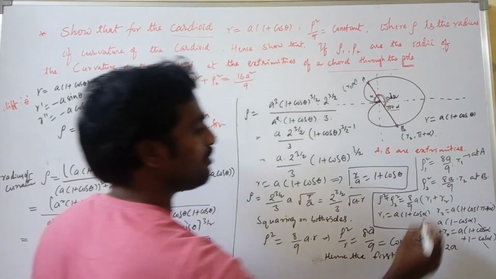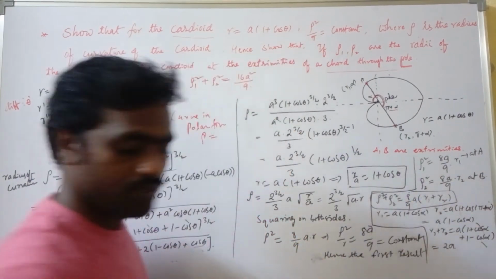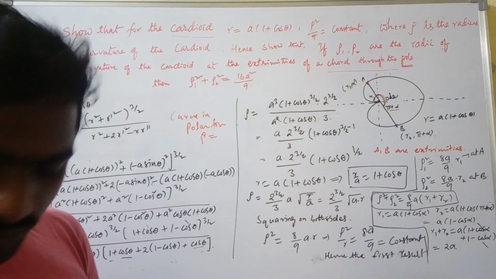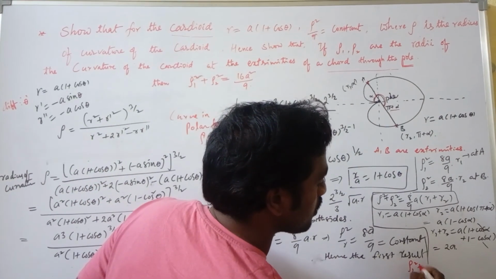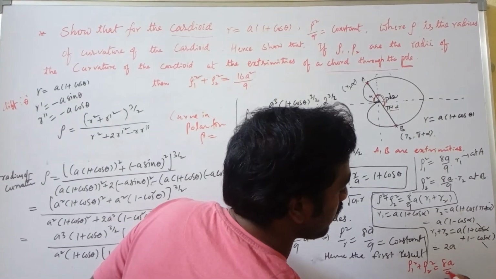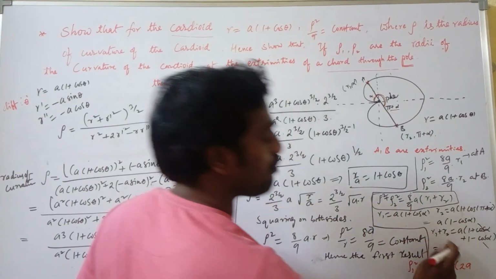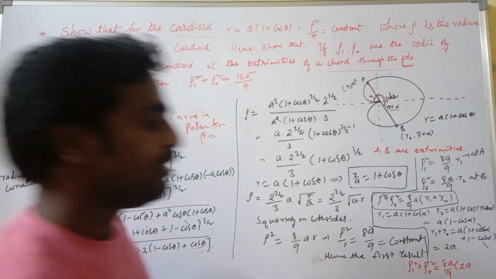Substitute that value in the first one. So what is the required final result? Rho 1 square plus rho 2 square equal to 8a by 9 into 2a, because r1 plus r2 value is 2a. So finally 2a into 8a by 9.